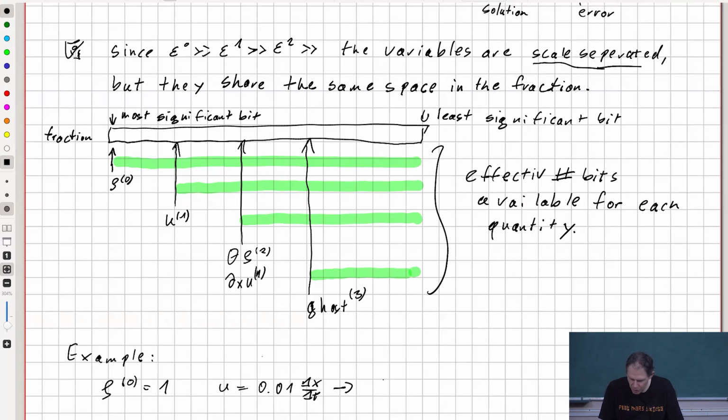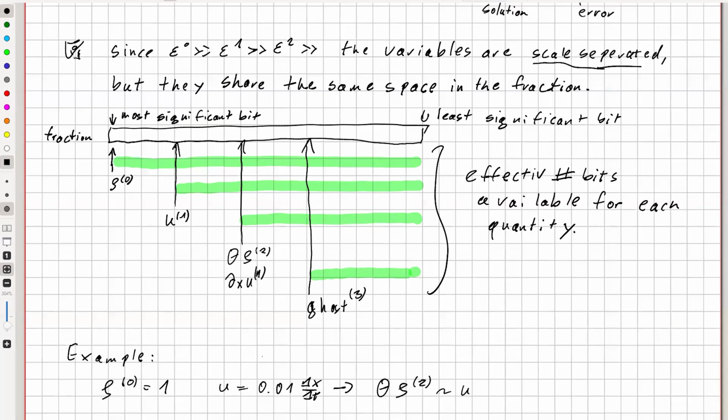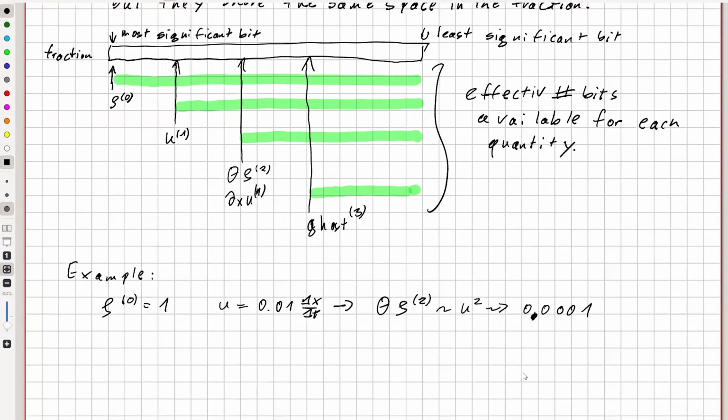Then this would mean that theta rho 0, yeah, this is of the order of u square, which means that this will be something like 0.001. And if this here is smaller, say 0.001, yeah, this would become 0.00001. Okay, I did not count correctly, but yeah, it becomes the square of this. Yeah, so it becomes worse and worse and worse.